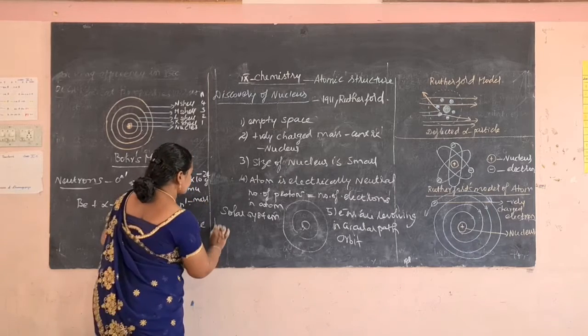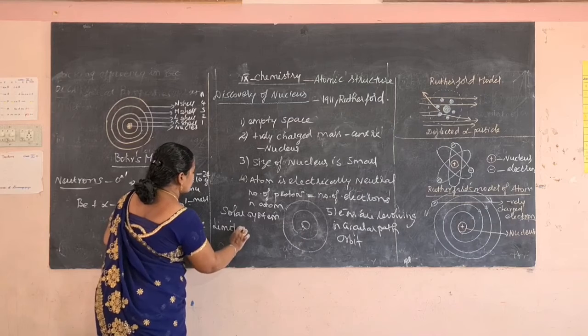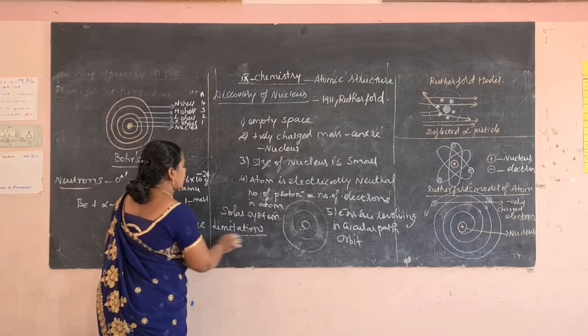What is the limitation of Rutherford's atom model, or what is the drawback of Rutherford's atom model?